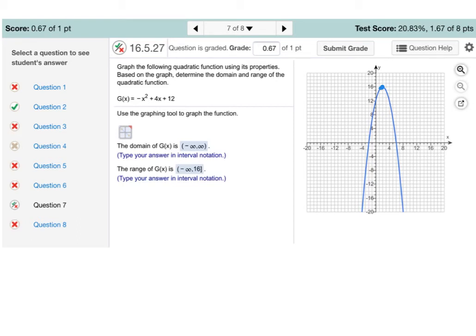Okay, and so here my vertex is determined by the formula negative b divided by 2a to get the first coordinate. And then we'll evaluate f, or in this case, g, for negative b over 2a. Okay, so if we look above here, we have that a is equal to negative 1.